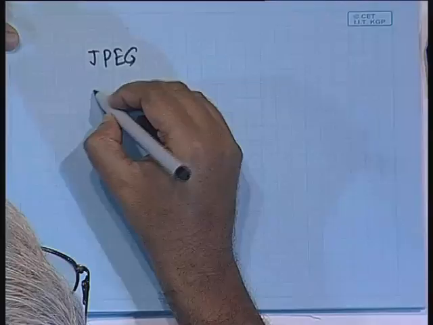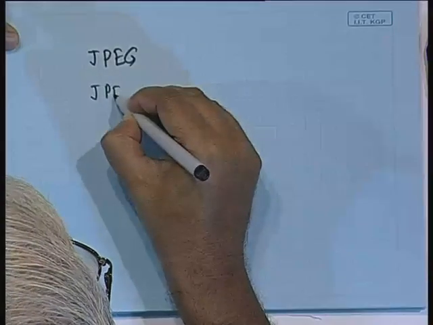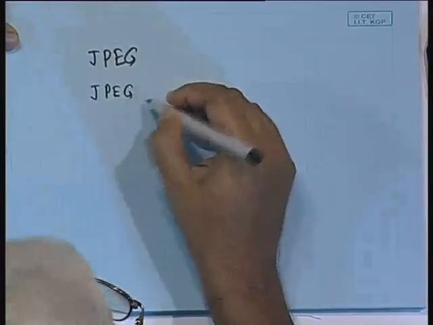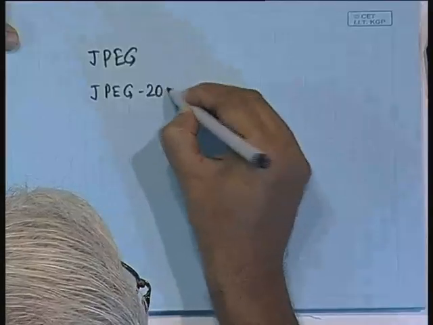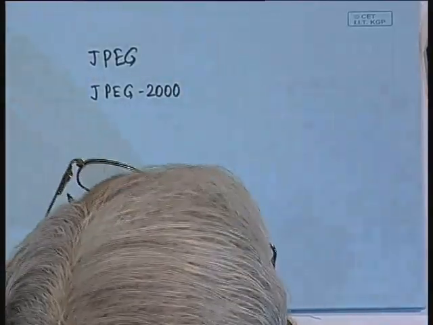There the JPEG techniques would have some limitations, in the sense that one needs a better compression efficiency as compared to JPEG. So, with that in mind, the next version of the standard was designed, and that is JPEG 2000.